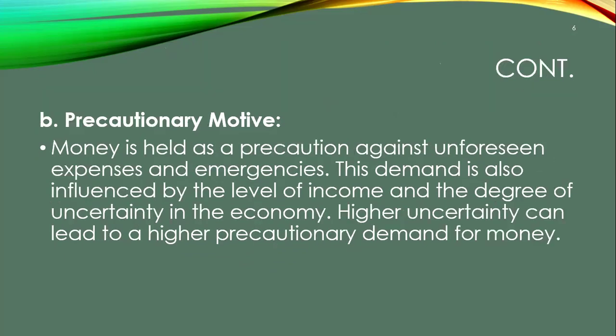Two, precautionary motive. When we talk of precautionary motive, it comes from the word precaution, to take measures. If something is to happen, what precaution are you taking? So when we talk of a precautionary motive, we need to guard ourselves with money.